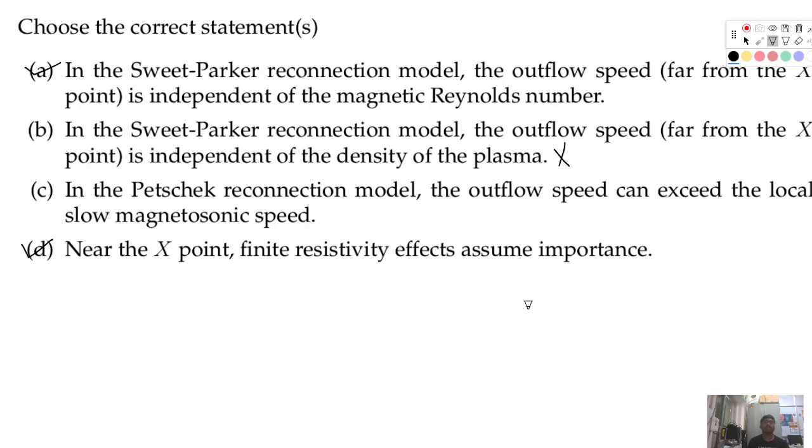Now, in the Petschek reconnection model, the outflow speed can exceed the local slow magnetosonic speed.